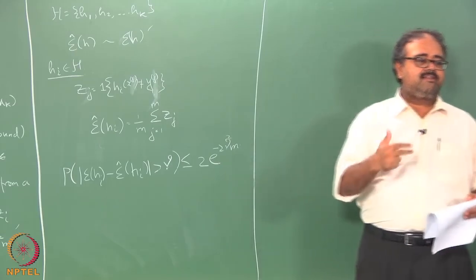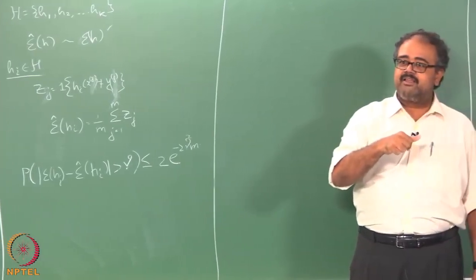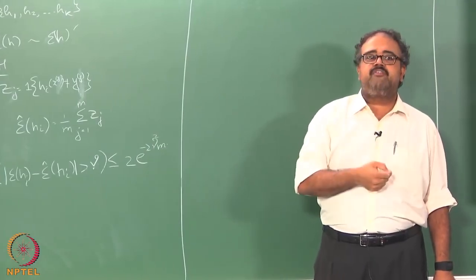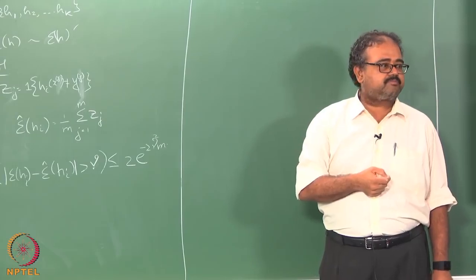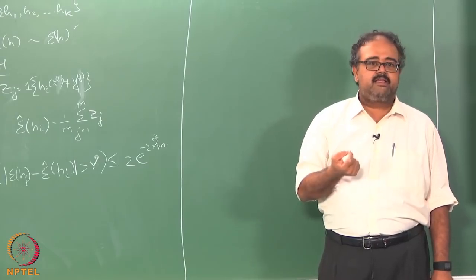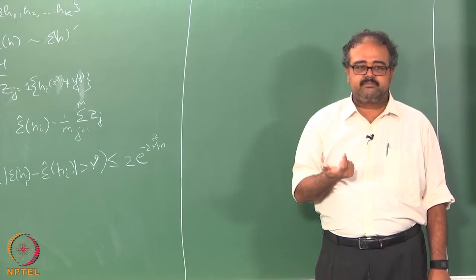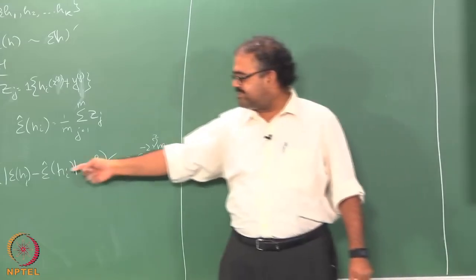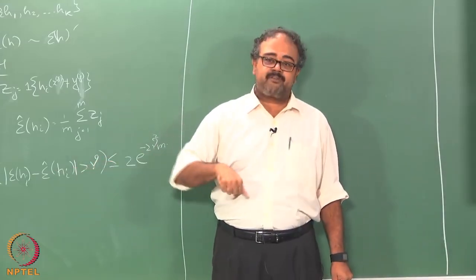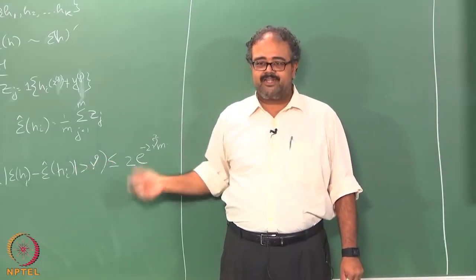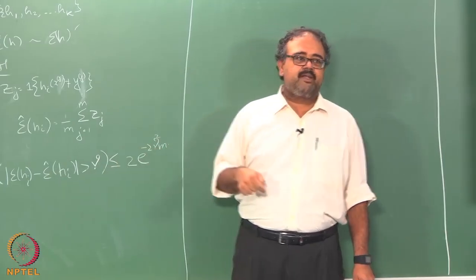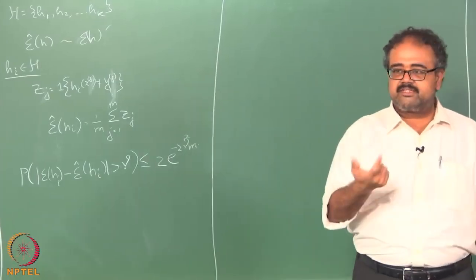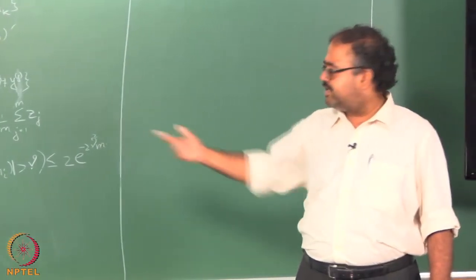So if I have a lot of samples, then the probability of my epsilon hat being 0.01 close to epsilon will be high, and the probability that it will be 0.01 away from epsilon is low. That is the result we have shown here using the Hoeffding bound.